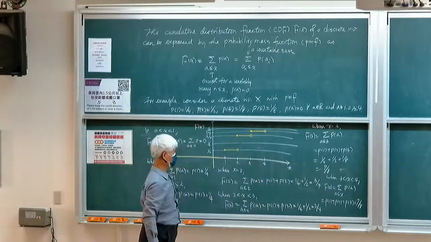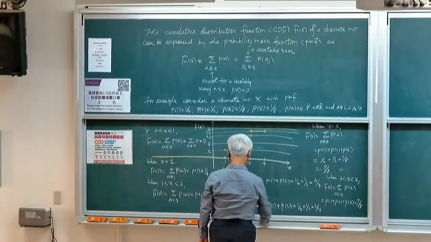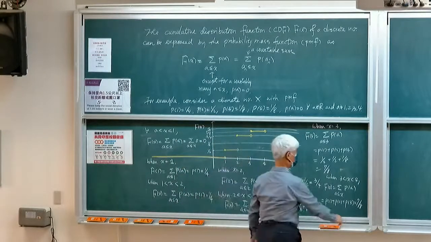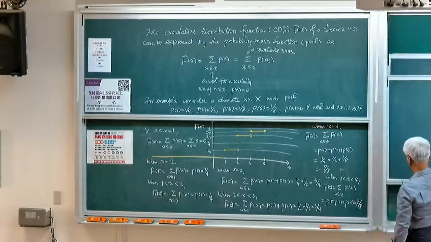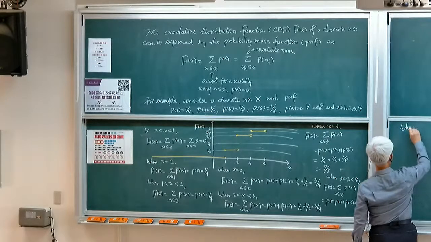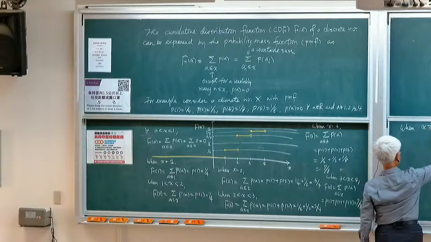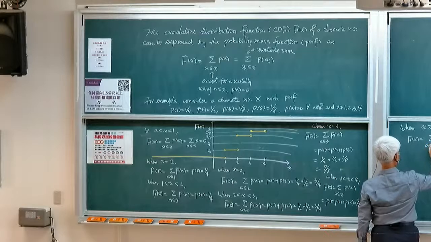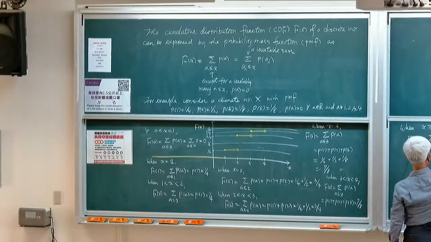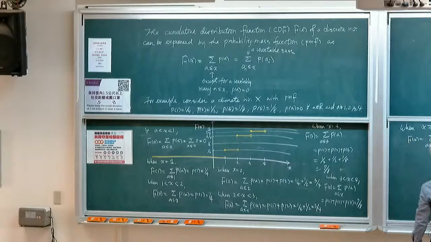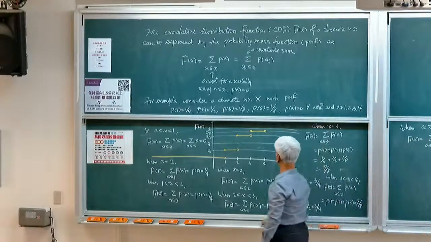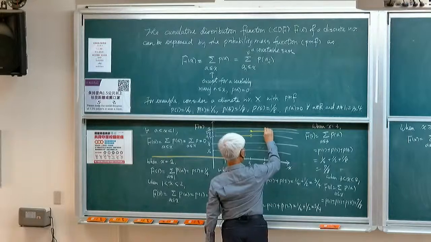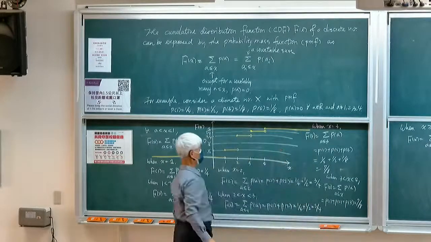And finally, when x is greater than or equal to 4, F(x) is the sum over a less than or equal to x of P(a), which is P(1) plus P(2) plus P(3) plus P(4), which is equal to 1. So from 4 onward it is 1, forever.